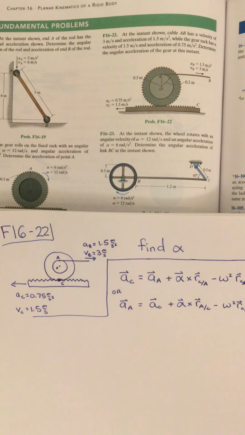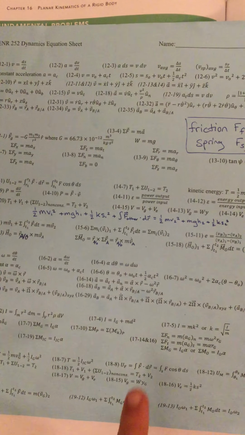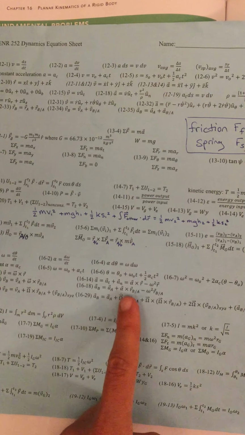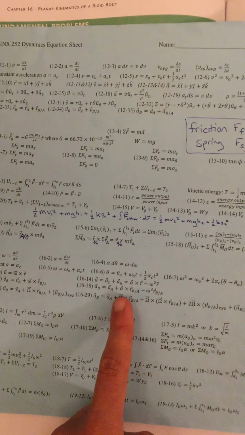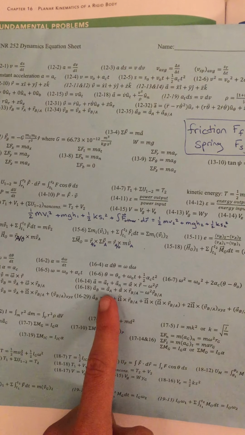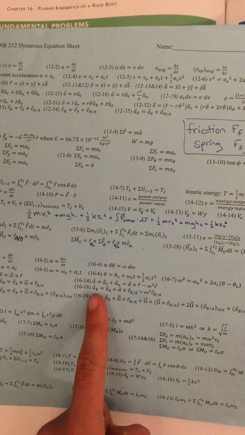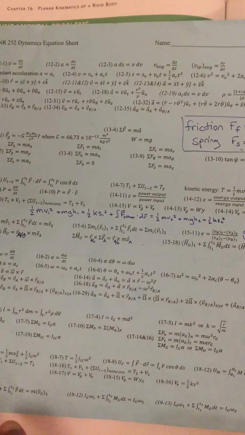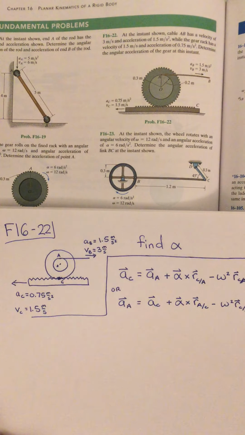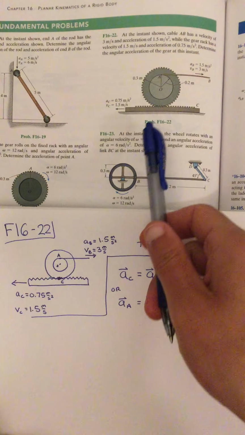So we have equation 16-18 to use. In the book for equation 16-18, they do it with points A and B. Well, we have the acceleration of the rope here and the gear rack.